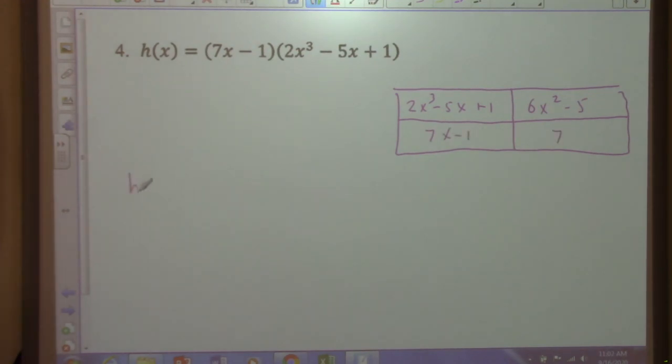And so h prime of x is equal to 7 times all this minus these things multiplied together, or plus, excuse me, I said minus, it's going to be plus.